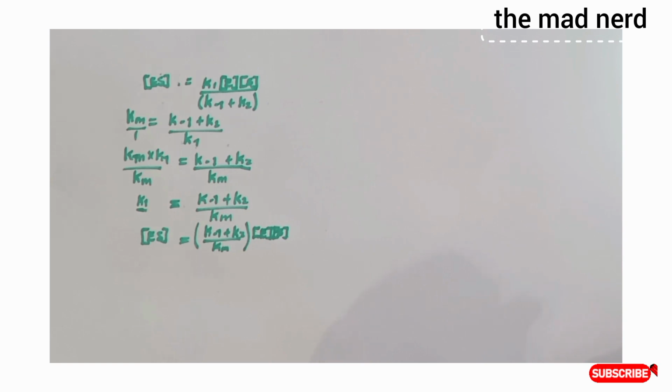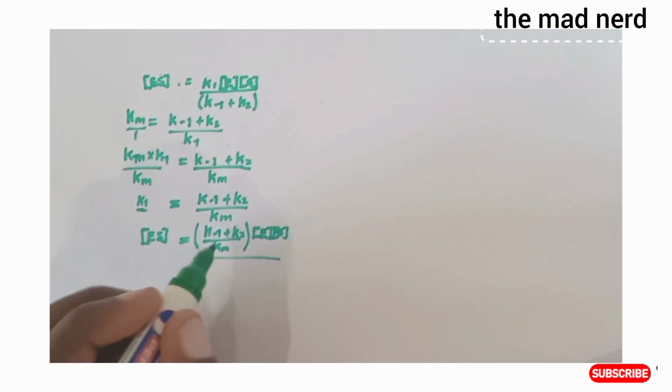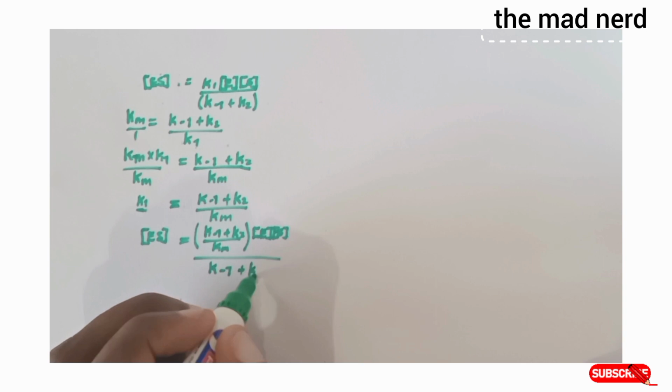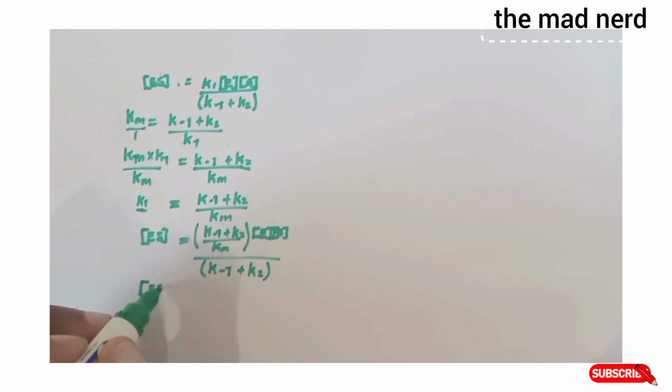And then now what you can just do, since we have that over a K of -1 plus a K of 2. Let's not forget that one. And then now let's try to simplify this one.